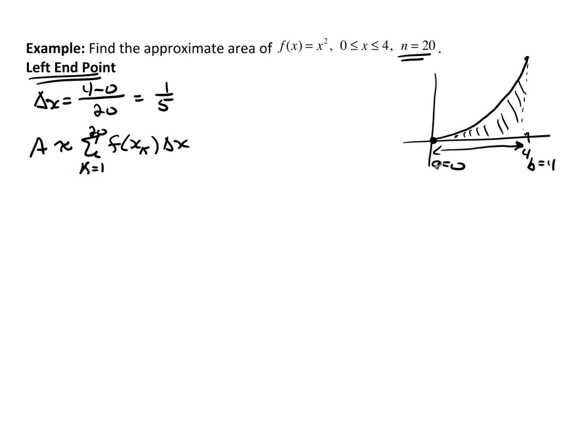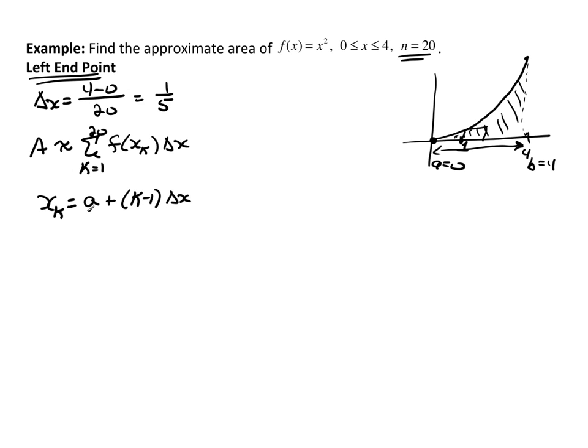When k is 2, I actually need to be at 1 because that's the left endpoint for my second box, and so forth. So the way I'm going to do that is I'm going to say that xk must be equal to my starting point A plus k minus 1 times delta x.